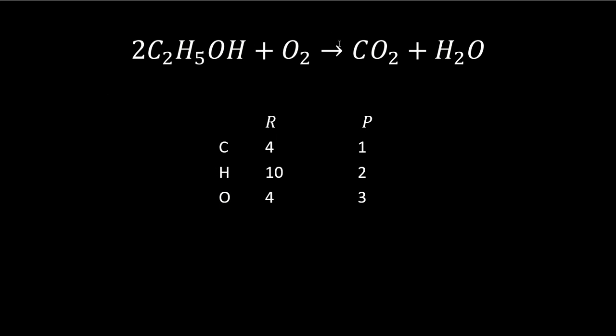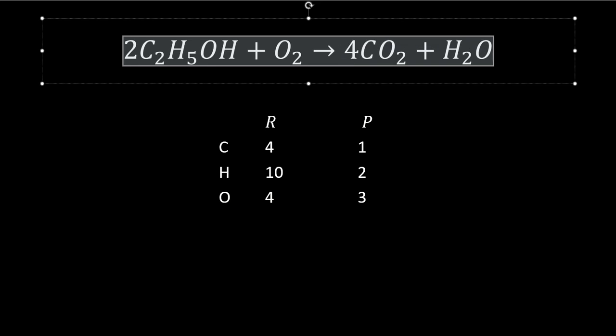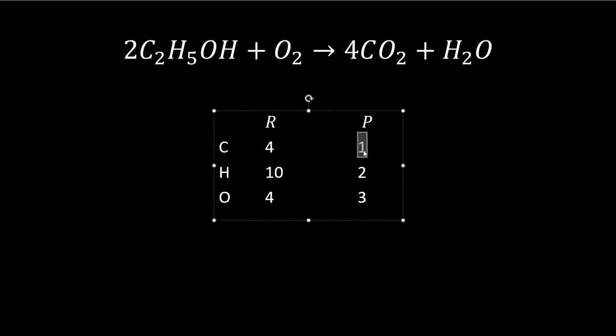Balancing carbon, we can put a coefficient of 4 for CO2, and that changes the number of oxygen to 8 plus 1, or 9. And if we go one step down and balance hydrogen, we currently have, that should be 12, my apologies.